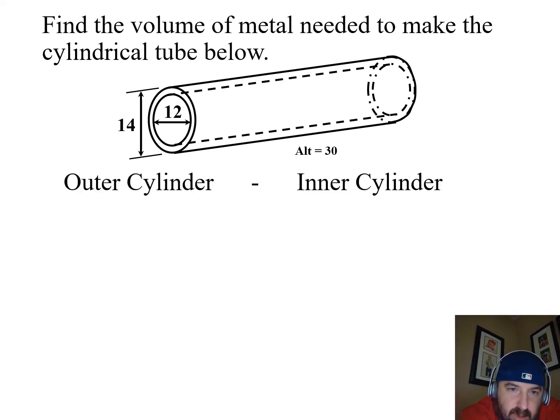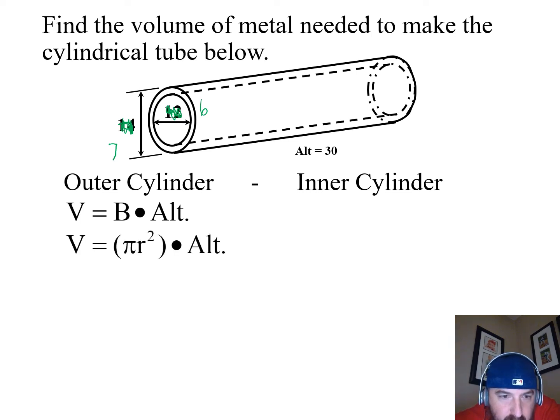So we're going to find the volume of a cylinder that's 14 units in diameter, and then the volume of a cylinder that's 12 units in diameter, and then subtract them from each other. Super easy. Just remember that we have the diameters here, so don't use 14, use 7. And don't use 12, use 6.